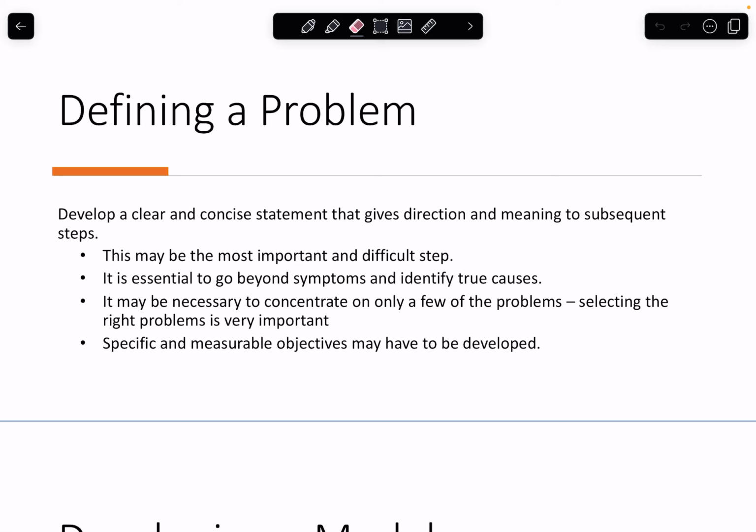So even though we keep on doing things again and again, like for example, in a production line there is a low output, and then we keep on thinking that the problem is the people, the manpower.